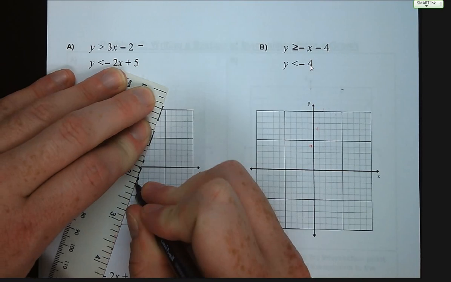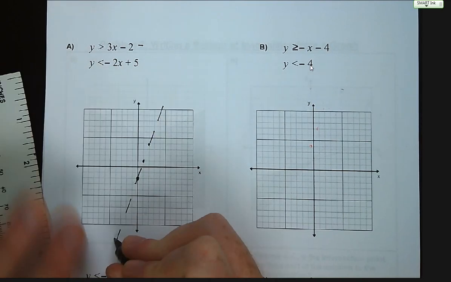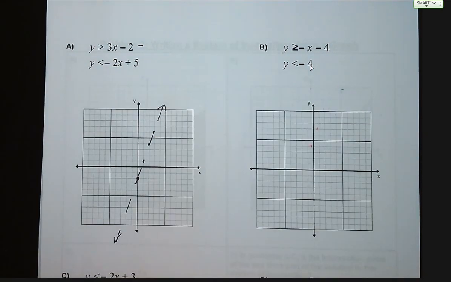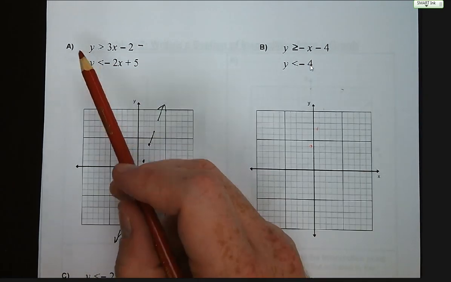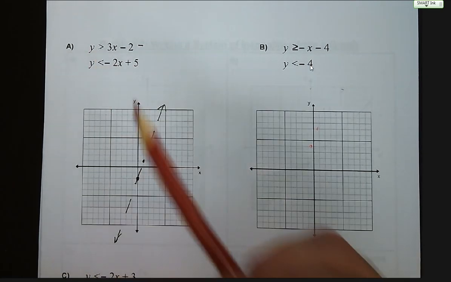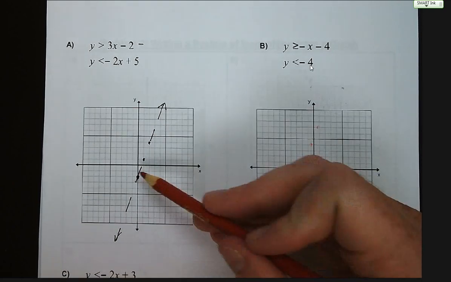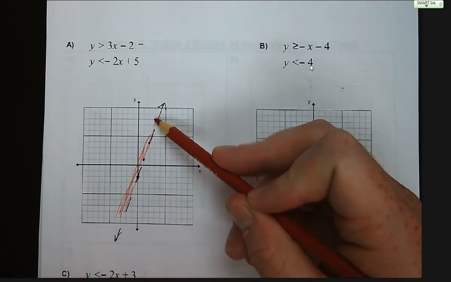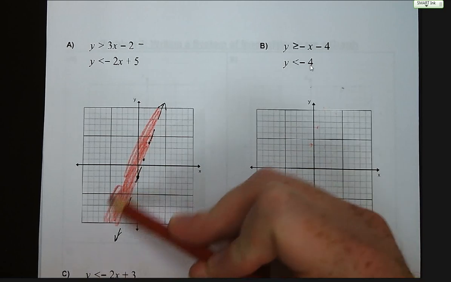So just draw a couple dashes on it. All right. Now our second line, well, let's shade this one in first. So we plug in 0. 0 is greater than -2. Yes, it is. So we're going to shade above this line, so the side that has 0 in it.